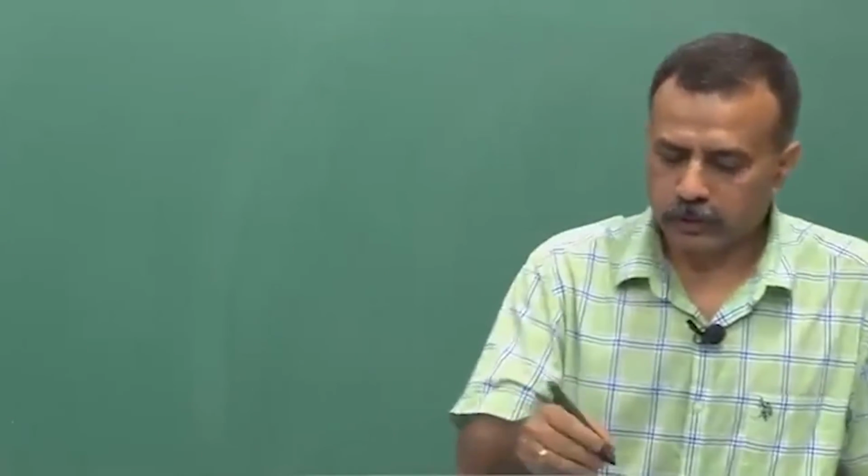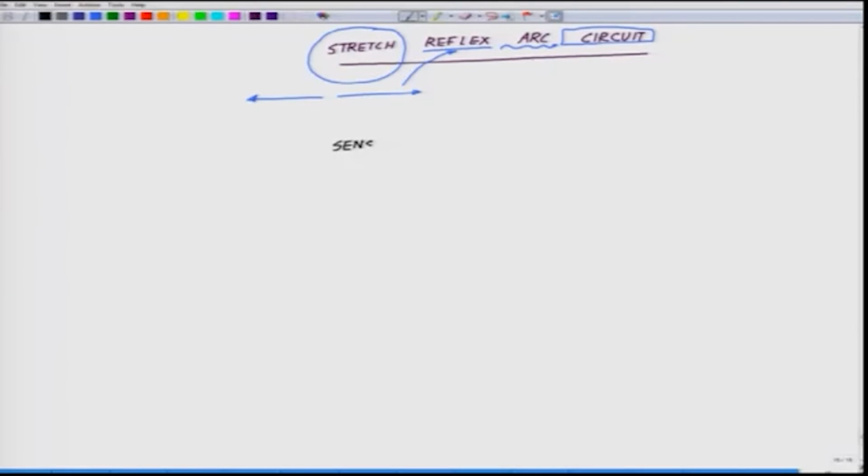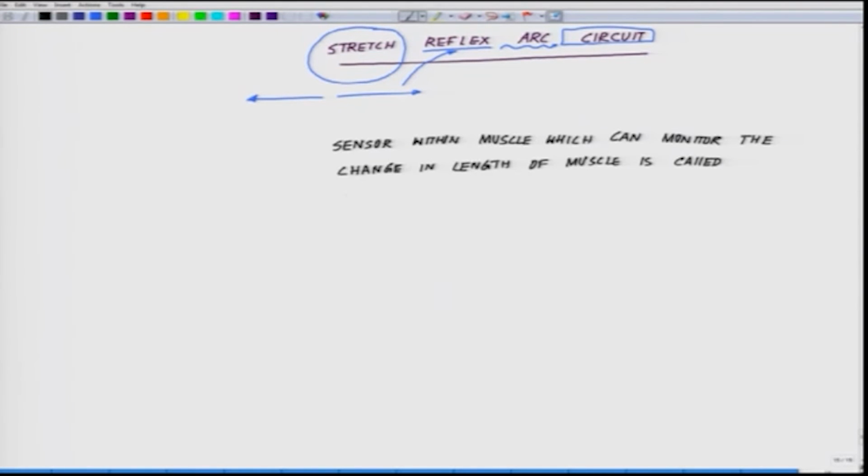The term used is: the sensor within the muscle which can monitor the change in length of the muscle is called the muscle spindle.